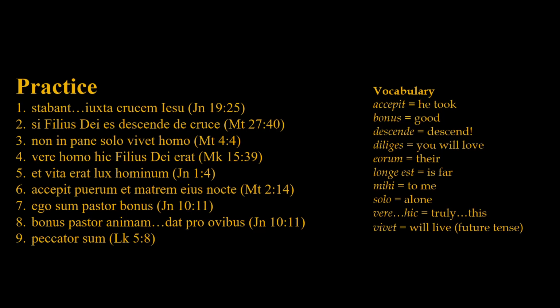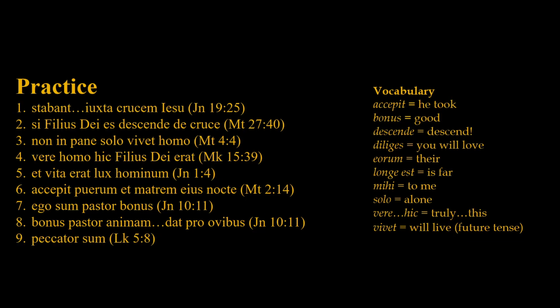So our word solo obviously comes from that Latin word. So not in bread alone will live man, or will live a man. So to make that good English, we'll have to work it out a little bit. A man, a person, will not live by bread alone, or cannot live by bread alone. And homo, there would be in the nominative case.